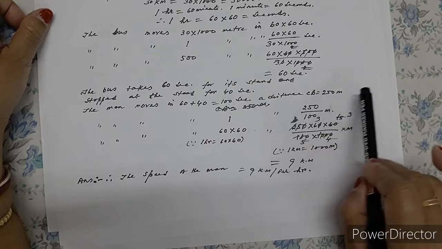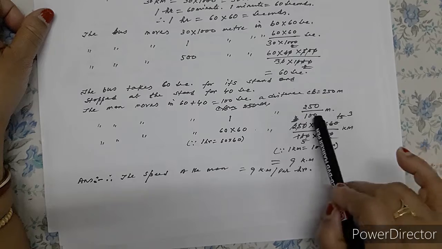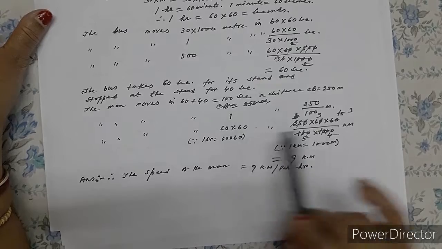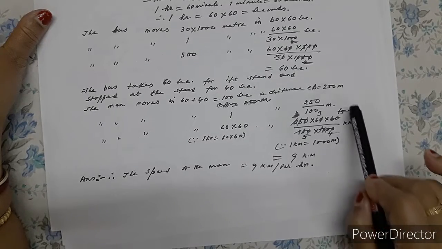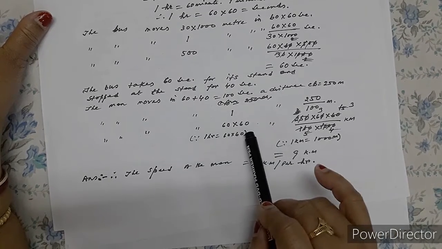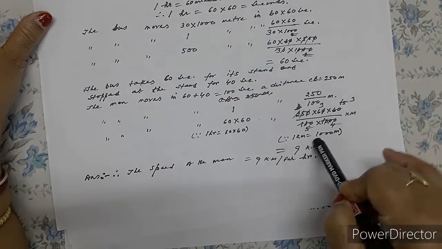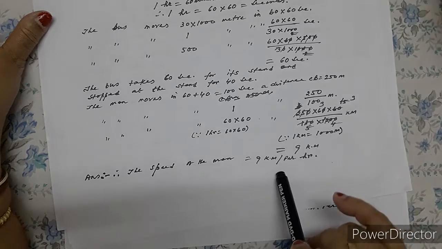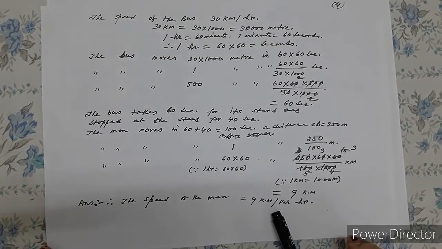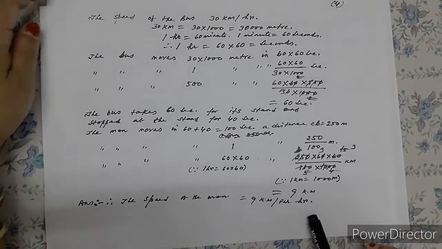In 1 second the man moves 250 by 100 meters, and in 60 into 60 seconds, that means 1 hour, how many kilometers are covered by the man? Calculated, 9 kilometers. 60 into 60 is nothing but 1 hour, and in 1 hour the man moves 9 kilometers. So the speed of the man is 9 kilometers per hour. Got it? I think all of you have understood this.